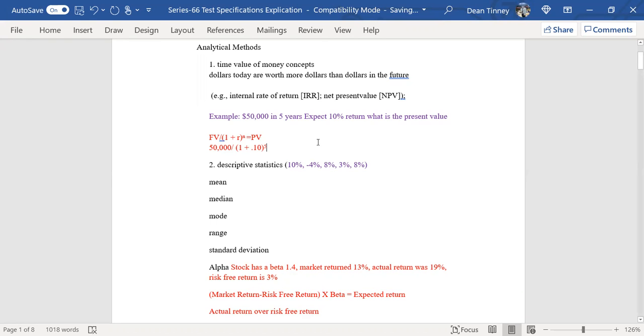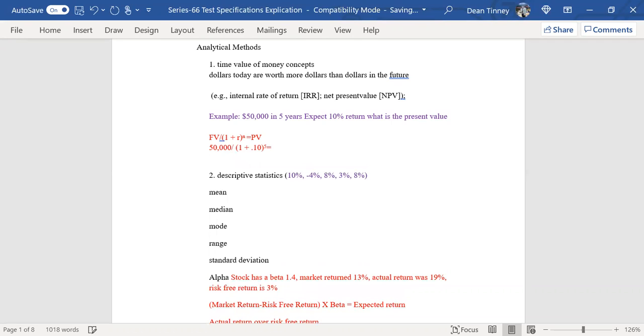And we're going to do that, right? And then we say, okay, that's going to give us our present value, whatever that number is, right? When we take the 50,000 and we divide that by the compounding period, we find out that that's 1.61051.